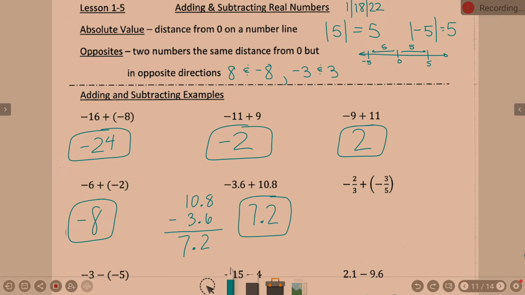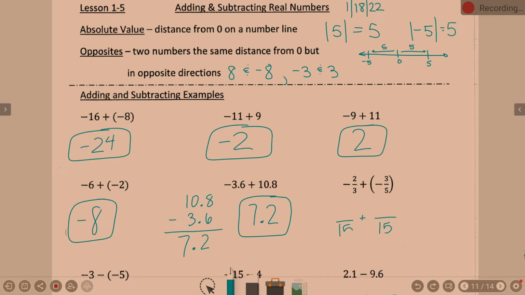Yep. In order to add and subtract fractions, we have to have a common denominator. So, we're going to work through this together. What can 3 and 5 both multiply into? 15. So we're going to set this up, and we're going to get a denominator of 15.